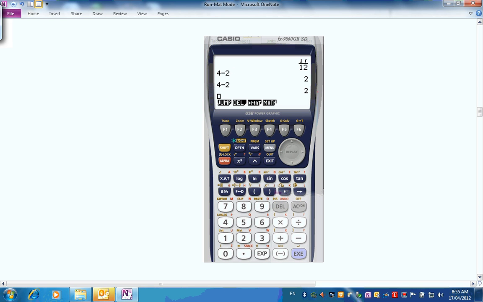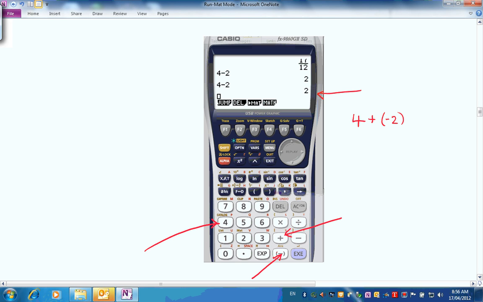we have 4 take 2 is 2. So that seems alright. Let's have a look at 4 plus negative 2. Trying to add negative 2 to 4. How would we do that, work with negative numbers? Let's have a look. Here's 4 plus, aha, what's this one down here?